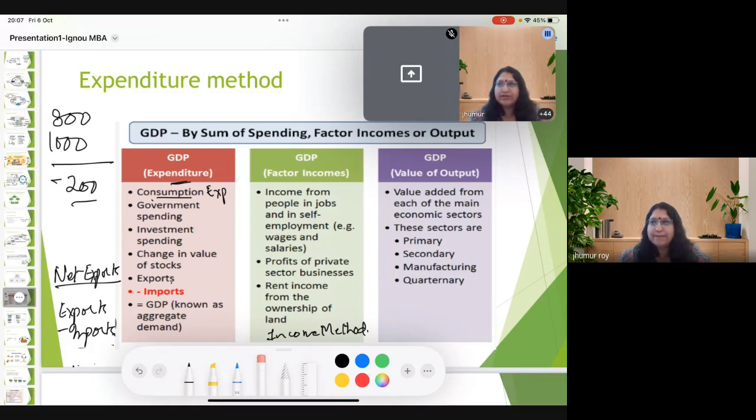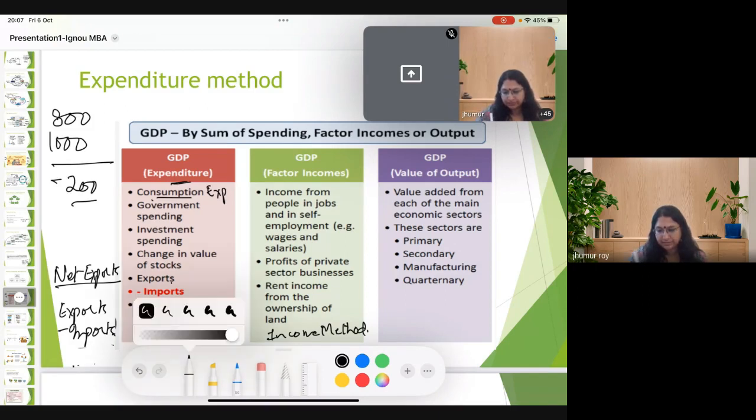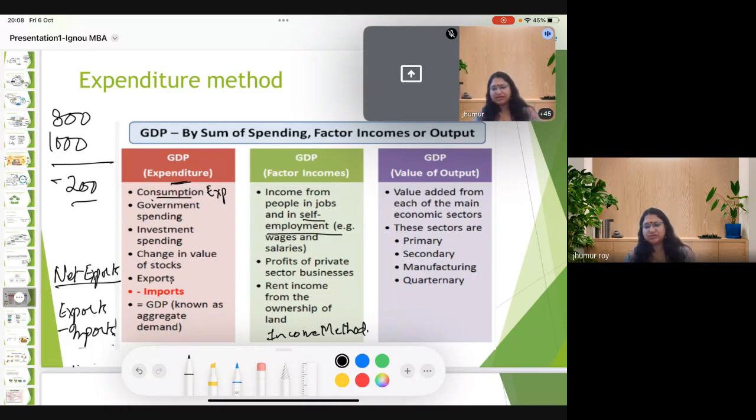For example, if you have a startup, you're doing your own work, or doing some kind of job, not working in a company. Those are taken as self-employment areas. That means wages and salaries, or whatever little money you are getting from anywhere you work, will be taken as self-employment. So all the income, when we add together, we will get our national income.